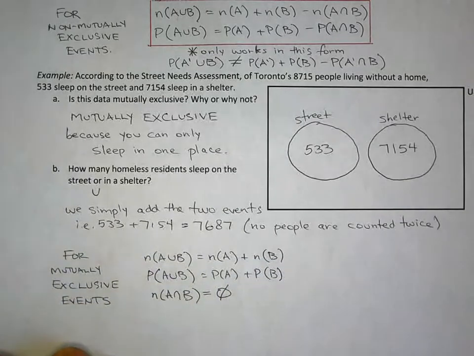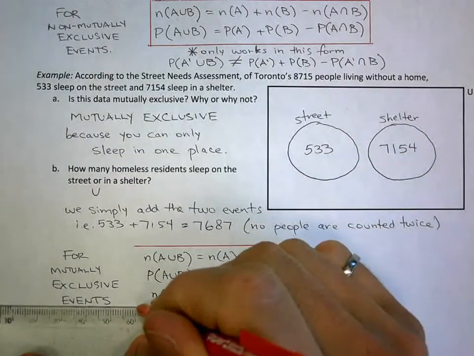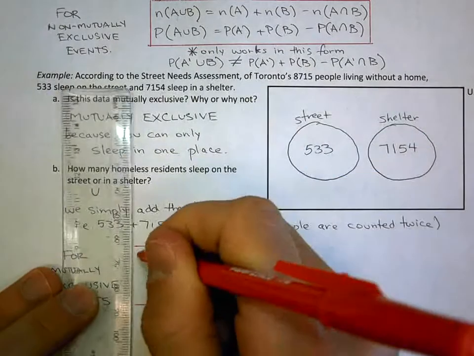That set is empty, right? There is no intersection here, like in the first example. So let's just put this in a box. This is kind of the other half of the addition rule.